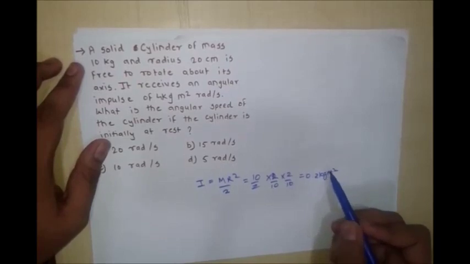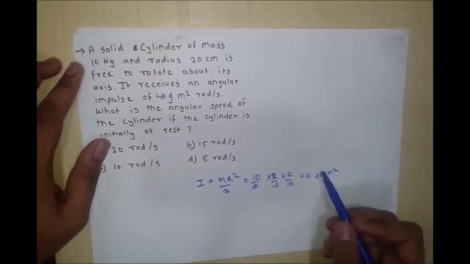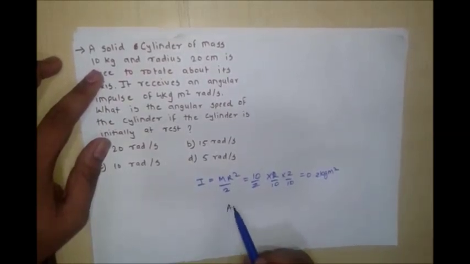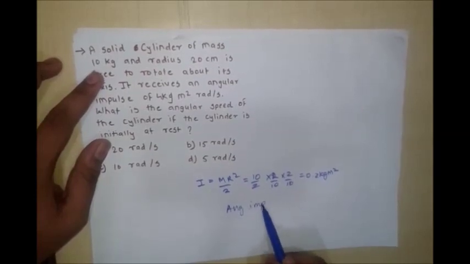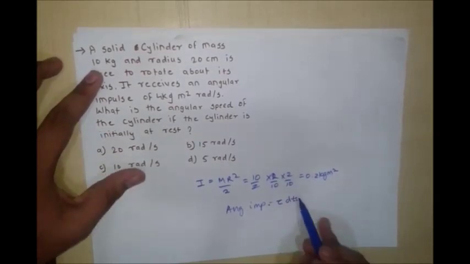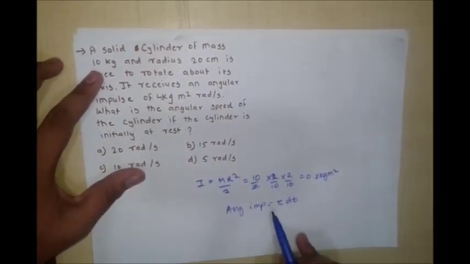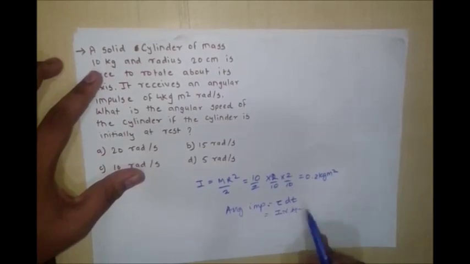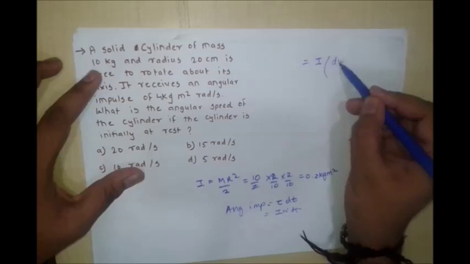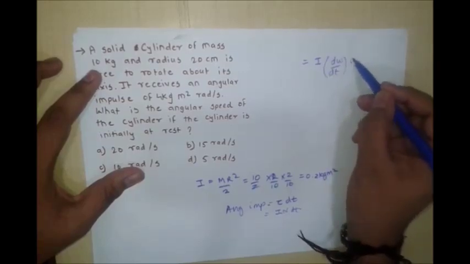Linear impulse is equal to F dt. In rotational motion, angular impulse is equal to tau dt, torque into dt. That is, the value for torque is I alpha into dt, which is equal to I into, the value for alpha is d omega by dt, into dt.